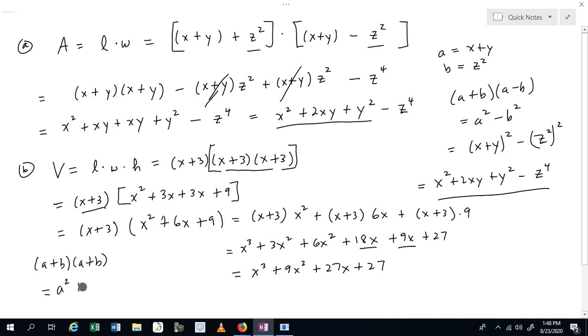Okay, you get a squared plus 2ab plus b squared. And in this case, a would have been x, and b would have been 3. And I think you can see you're going to end up with x squared plus 2 times x times 3 plus 3 squared.